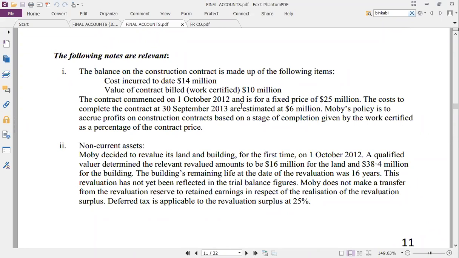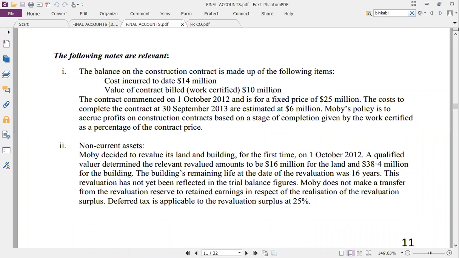The cost to complete the contract at 30th September 2023 is $6 million. The company's policy is to accrue the profit on construction on the basis of the stage of work completion, given by work satisfied as a percentage of the total contract price. So just calculate the percentage complete or percentage satisfied.